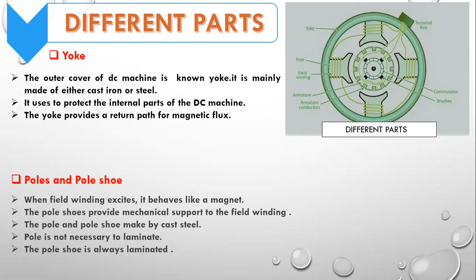Pole shoe provides mechanical support to the field winding, and due to its large area, it reduces the magnetic reluctance. The pole and pole shoe are made of cast steel. Pole is not necessarily laminated, but the pole shoe is laminated because it is close to the armature.